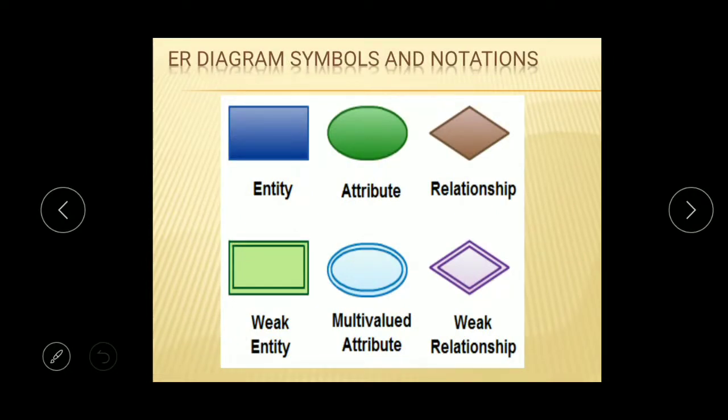Now, if we look at the ER diagram symbols and notations, the rectangle represents the entity, this oval represents attribute, and this diamond represents the relationship. Okay, some other symbols are also used in this ERD. Those are weak entity, multi-valued attribute, and weak relationships.